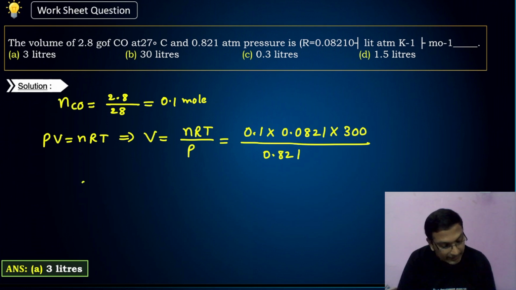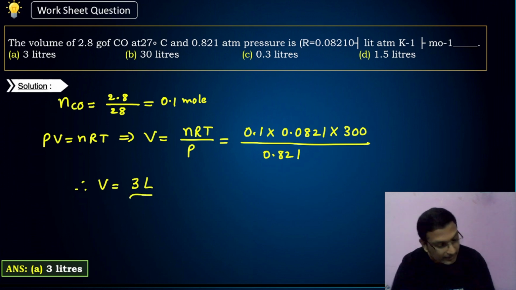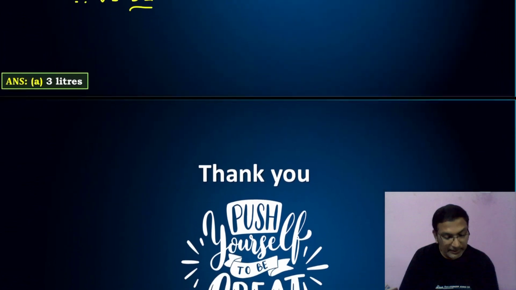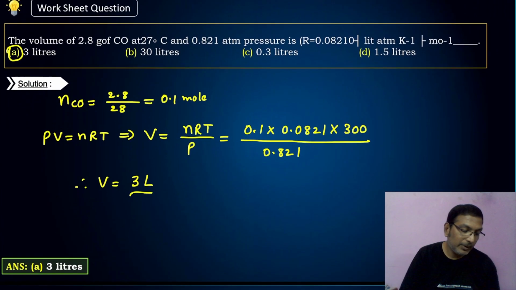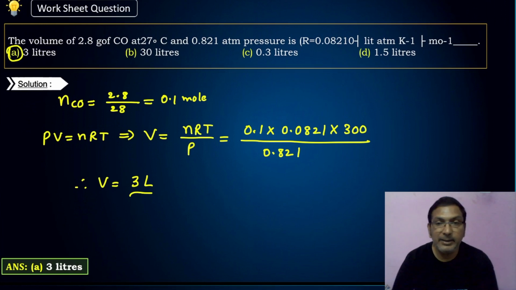So clearly volume will be 3 liters. So option A. So this is the end of the chapter. So these are important models of states of matter. In next video I will explain one more topic. Thank you.